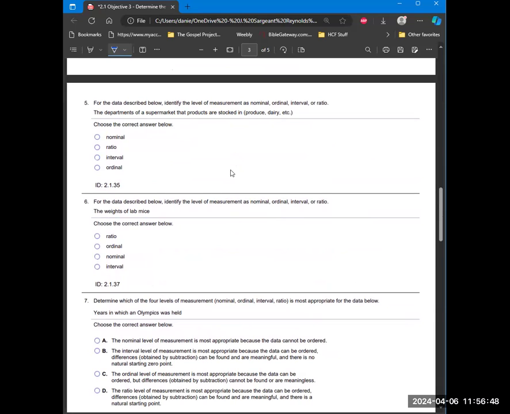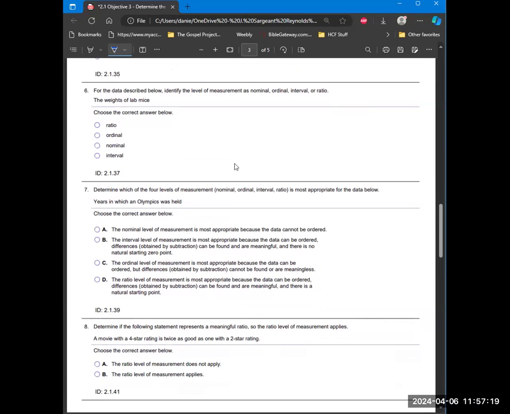For the data described below, identify the level of measurement as nominal, ordinal, interval, or ratio. The departments of a supermarket that products are stocked in, such as produce, dairy, etc. So that would be something that is nominal. I don't think we really need to explain that those are labels that are categories and characteristics. For the data described below, identify the level of measurement, the weights of lab mice.